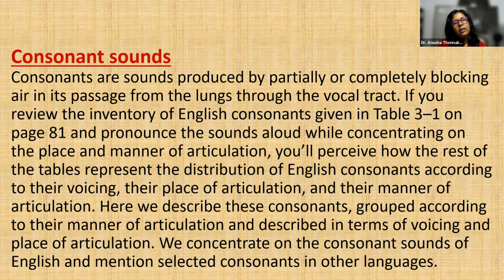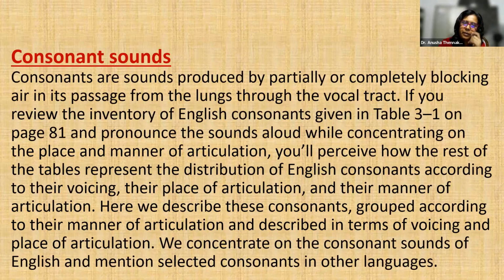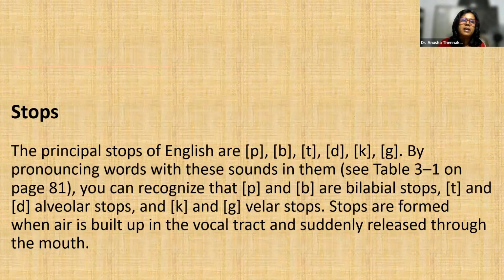Then the consonant sounds can be divided according to the place and the manner of articulation. When you write a summary under consonant sounds, these are the varieties. Stops. Quickly read that also.